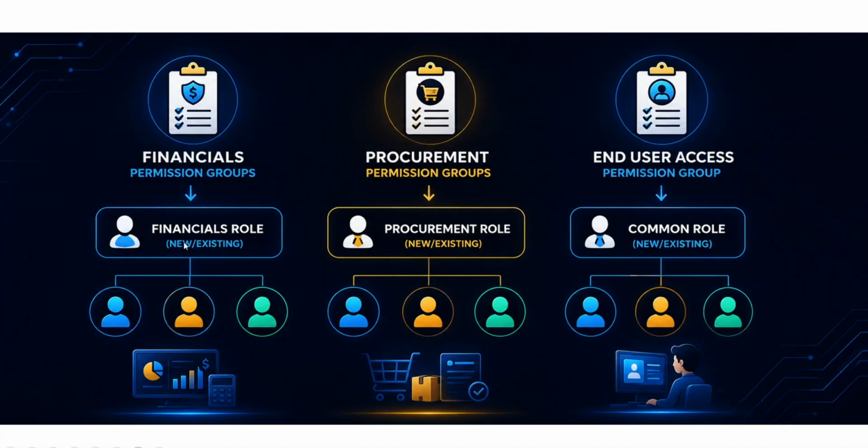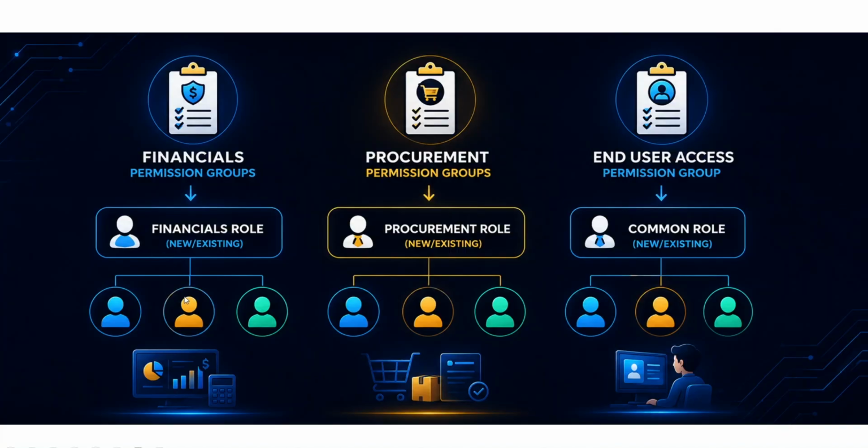The next step is the role. A role groups these permissions together. In this example, we have a financial role, a procurement role, and a common role. Instead of giving permissions one by one, we add them to the role. Finally, we assign the role to the user.